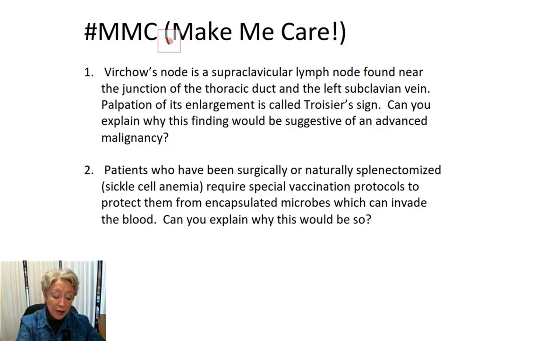Well, realize that the description of Virchow's node is a very famous one historically in pathology, because very early on it was discovered that an enlargement of that node, which is supraclavicular and is palpable in some cases when it has enlarged, is called Troisier's sign, a sign of an advanced malignancy.